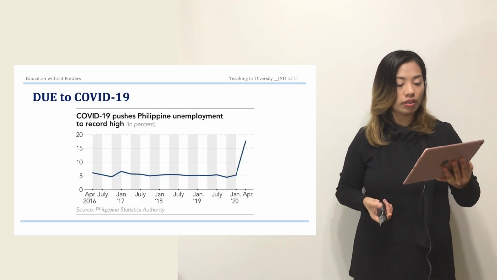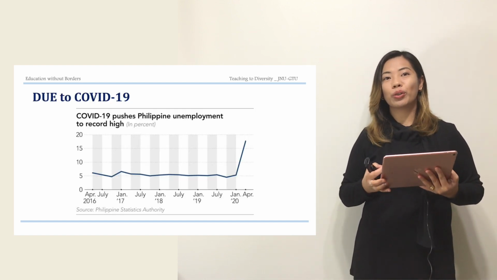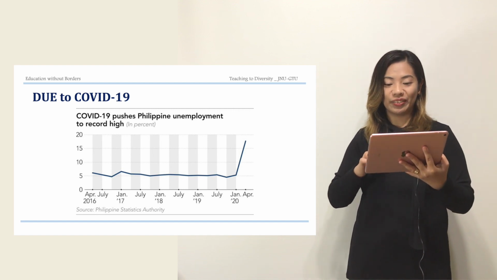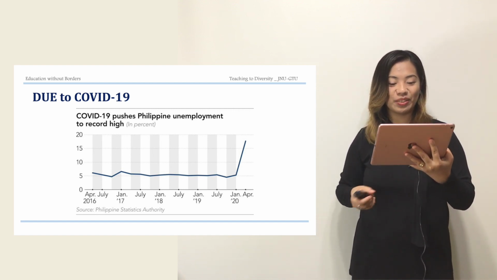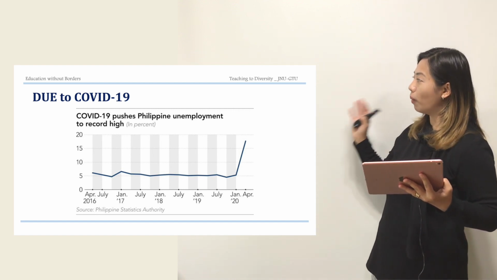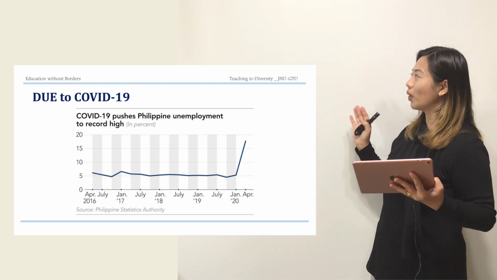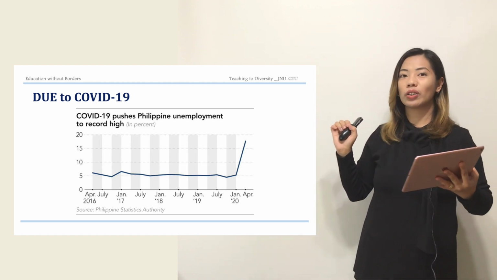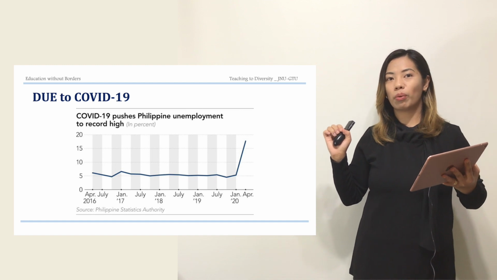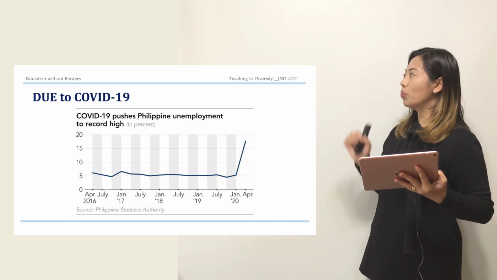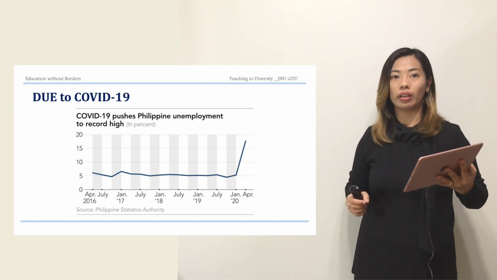Okay. Now, due to COVID-19, due to coronavirus, this problem is not only true in the Philippines, but is actually a very big problem which is observable worldwide.